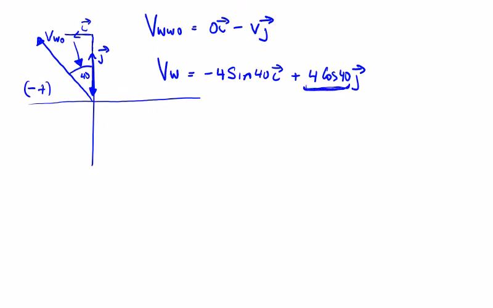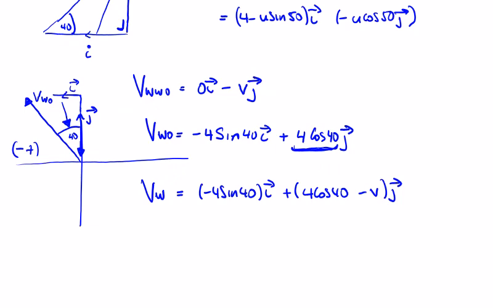So that's the velocity of the woman. The velocity of the wind is these two added together: minus 4 sine 40 times i plus 4 cos 40 minus v times j.